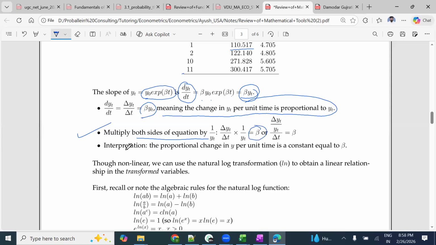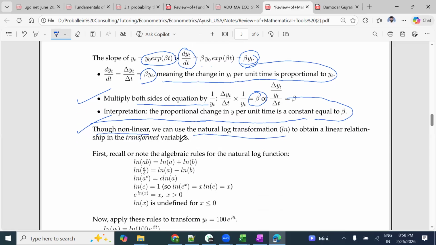So the interpretation, which is most important, is that the proportional change in y per unit time is constant and it is equal to beta. So what we are trying to prove here is that even though the relationship was nonlinear, we can use the natural log transformation, that is ln, to obtain a linear relationship in the transformed variable.